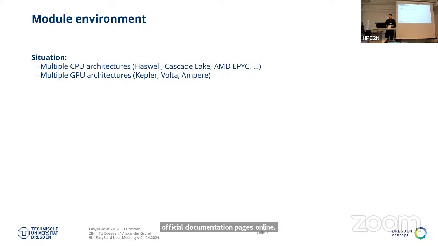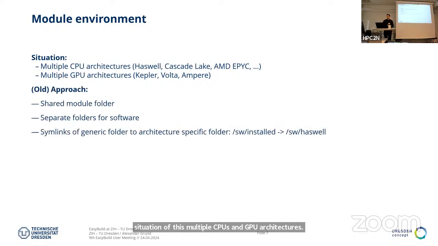As for our modules, well, we had, or still have, the situation of multiple CPU and GPU architectures. So that was a bit tricky to get right. Previously, we had one module folder and a software folder that was basically symlinked into architecture-specific folders.